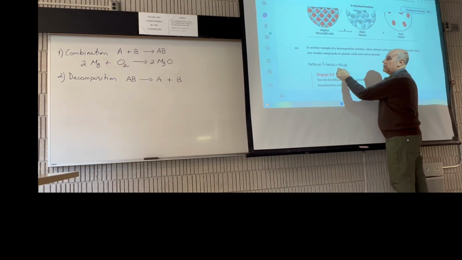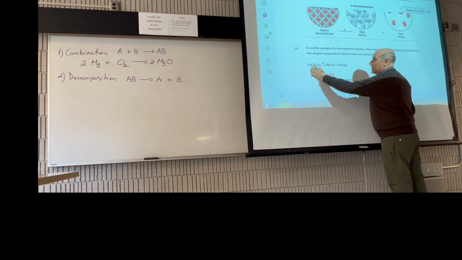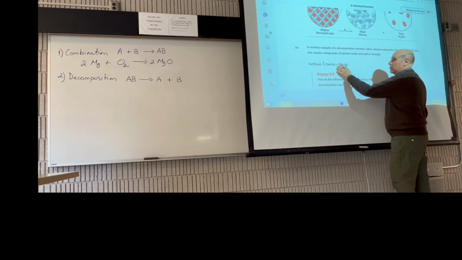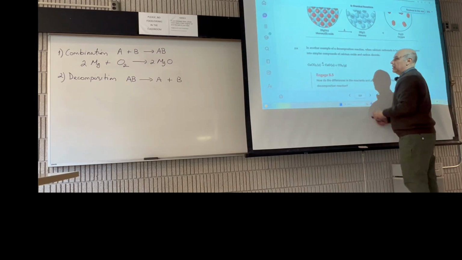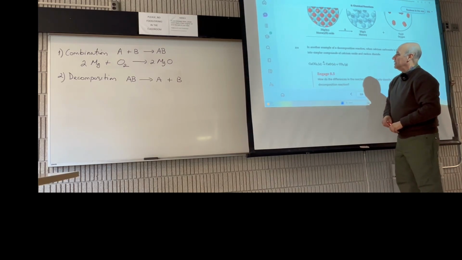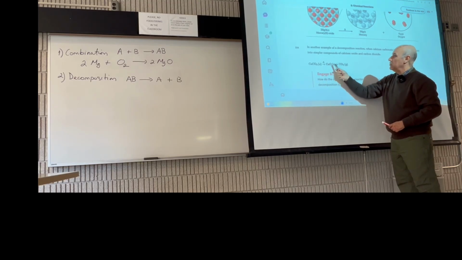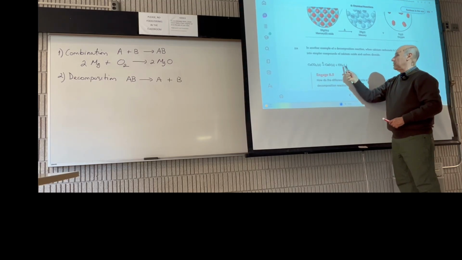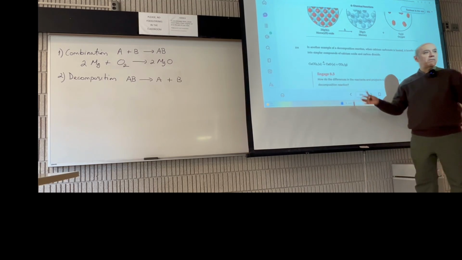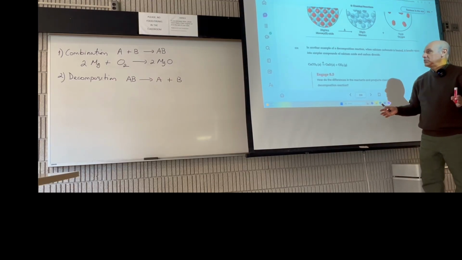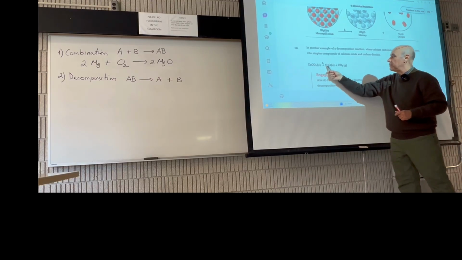This is one of those difficult ones to predict, but it is what it is. You see the result of the decomposition right here. This has to be heated. From one substance that happens to be in the solid state, you get two substances, one solid, one gas. Completely different composition, completely different properties for all three of them.